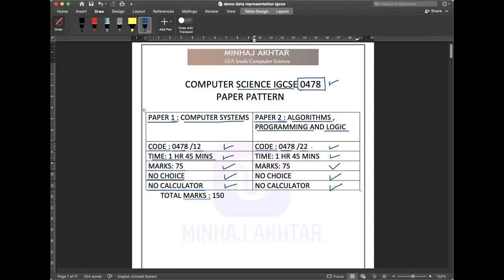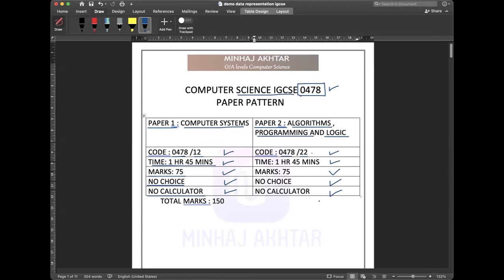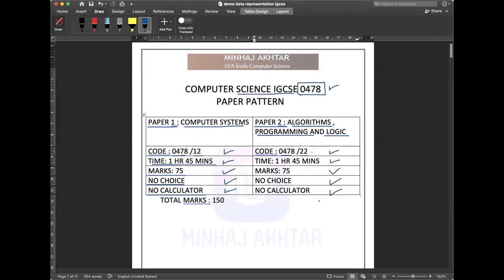So we have a lot of time for paper two to revise. Sir, I'm actually doing the Feb-March series. Yes, I know. In Feb-March, you will get a proper 2 or 3 days gap between the papers. Inshallah, we will do that.